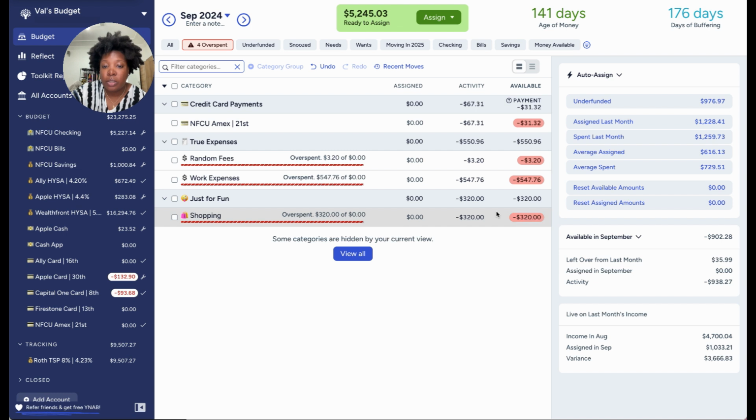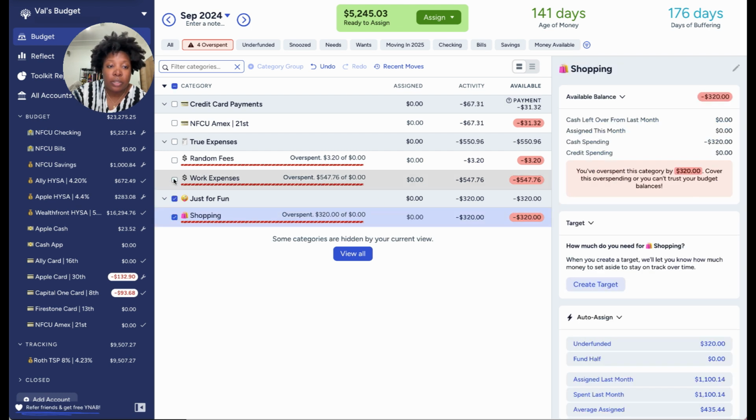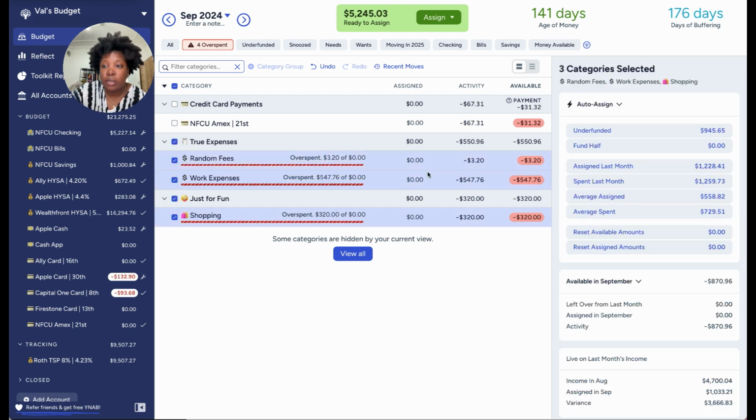So I've overspent by $945.65. I don't count the credit card because the credit card is only pulling from the actual categories itself. So yeah, these three categories are overspent.